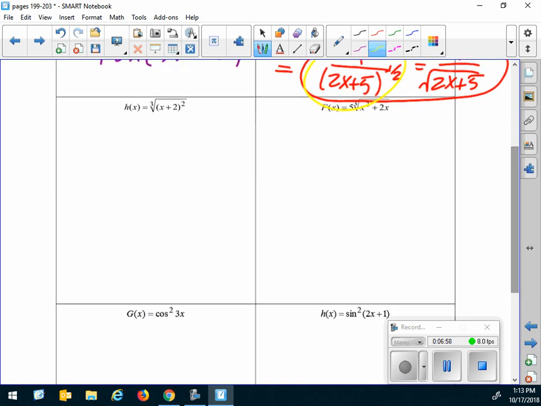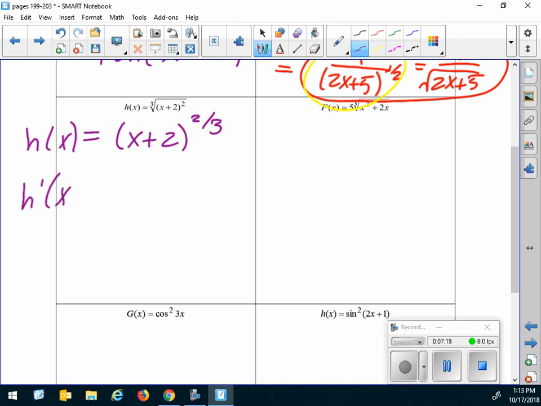All right, next one. I'm going to rewrite that. X plus 2 to the 2/3. Good. All right, h prime of x. The derivative of the outside function is 2/3 of x plus 2 to the negative 1/3 times the derivative of the inside or inner function, which is just 1, right?